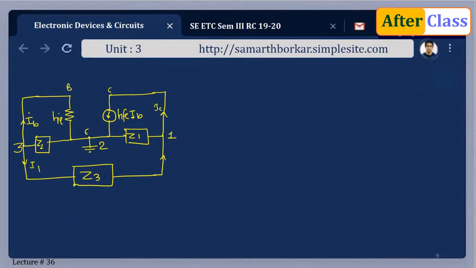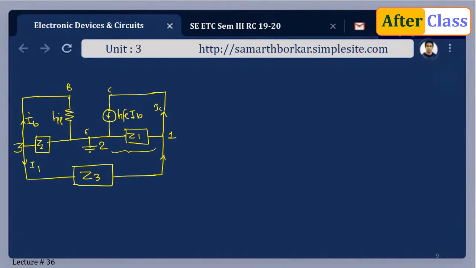So now let us determine the load impedance between the output terminals 1 and 2. First let us determine the load impedance between 1 and 2. Now here you see Z2 and HIE are in parallel. How can we make out it is in parallel? Because there is a division of current. Fine. So Z2 and HIE are in parallel and the resultant impedance is in series with Z3. Try to understand this. Z2 and HIE, okay, they are in parallel.